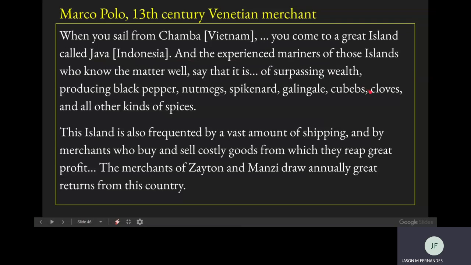And you see he brings up cloves. If you remember, when we talk about European incursion into the Indian Ocean, these cloves become quite important to the Dutch. They take over Indonesia and set up this monopoly in cloves. A long-time desirable good.